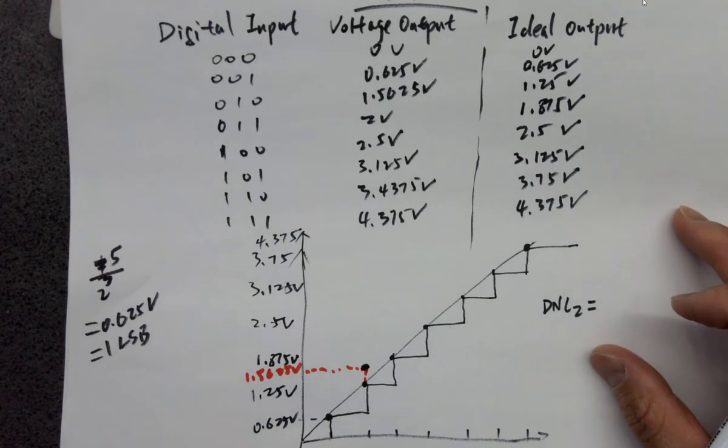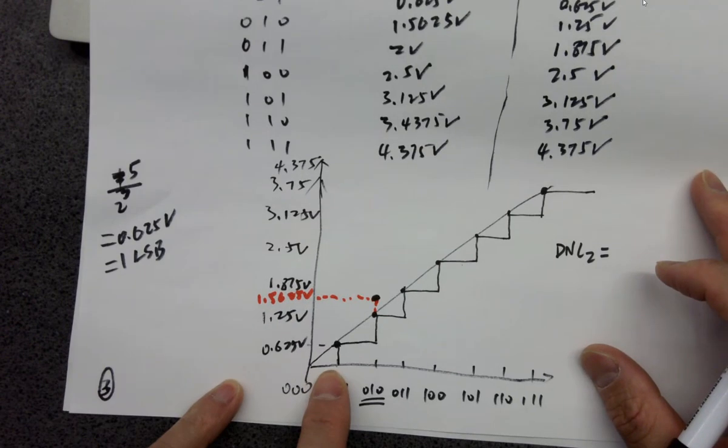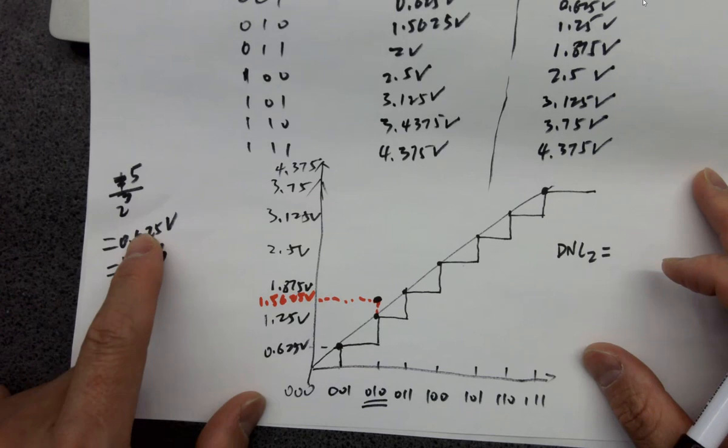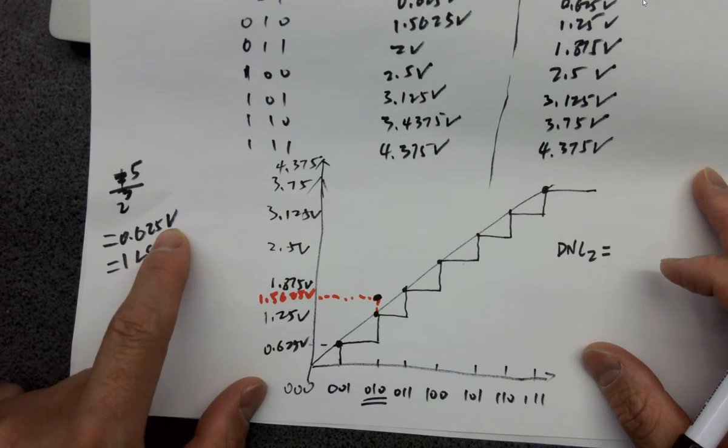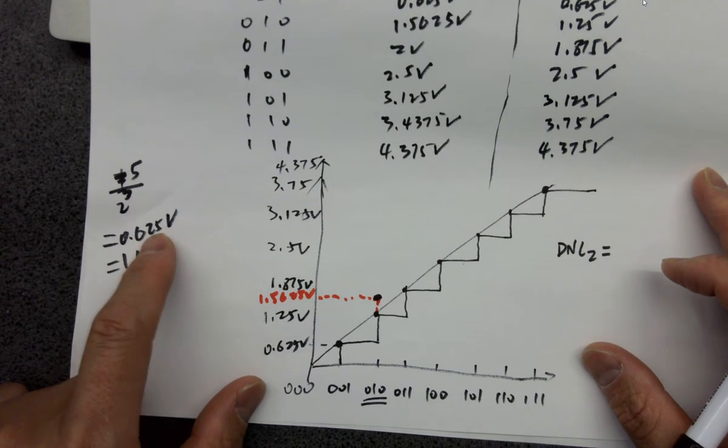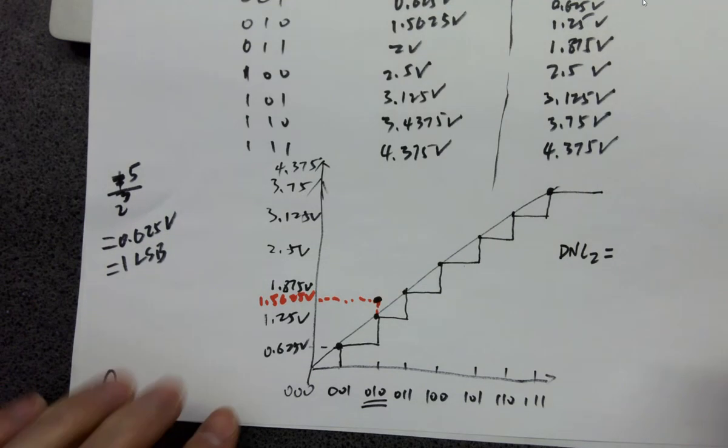So every digital LSB increment should give you a 0.625 volts increment. Is the DNL like an error measurement?